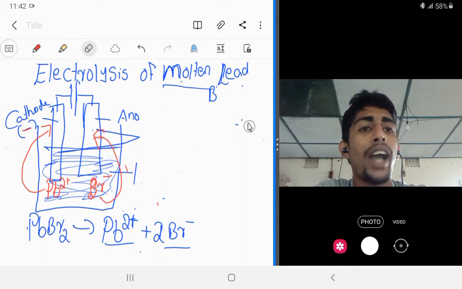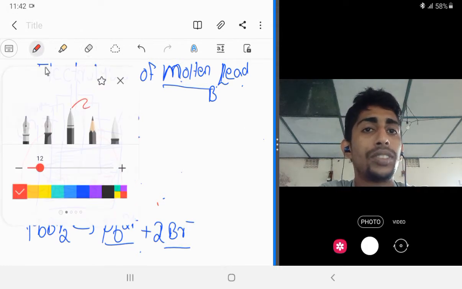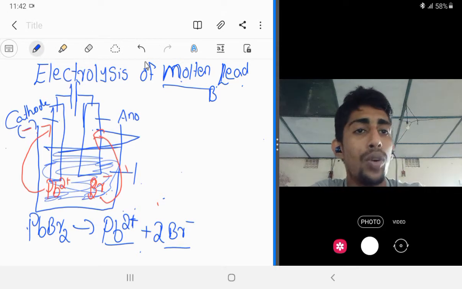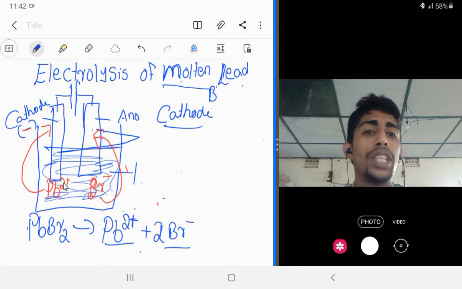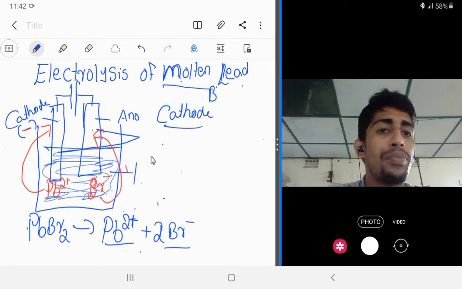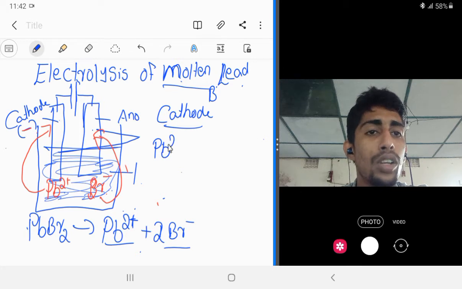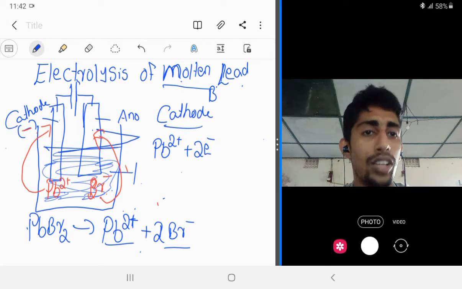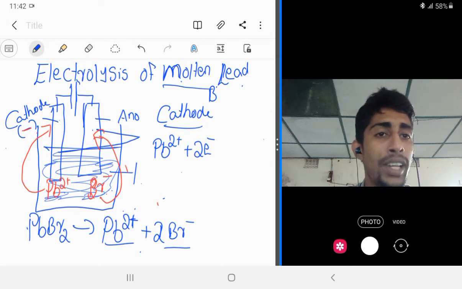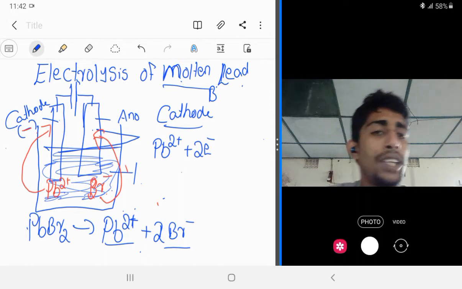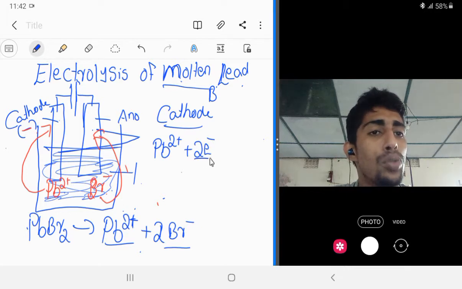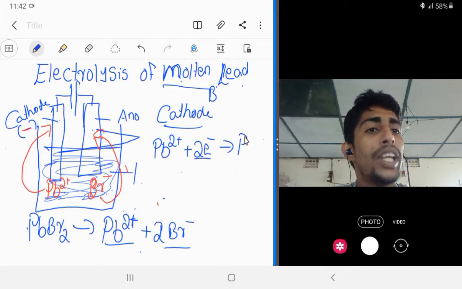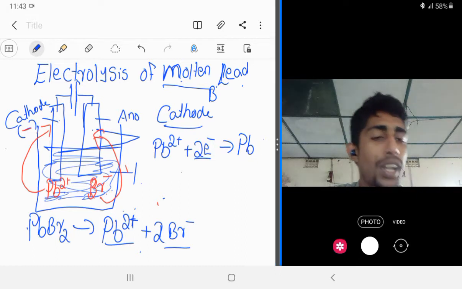Then what will happen at the cathode? At the cathode, the positively charged lead Pb2+ goes to the cathode and gains 2 electrons from the negatively charged cathode, and becomes a lead atom, meaning neutral.